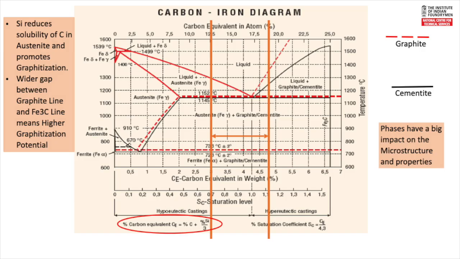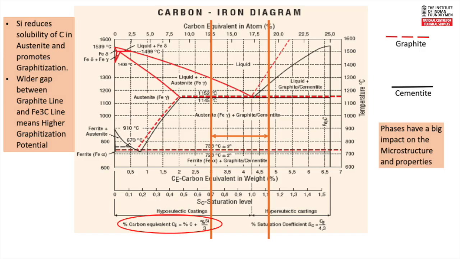You also see a dotted line, and that dotted line we call the graphite line. I'll go into the details as we go forward. The black lines are for cementite.